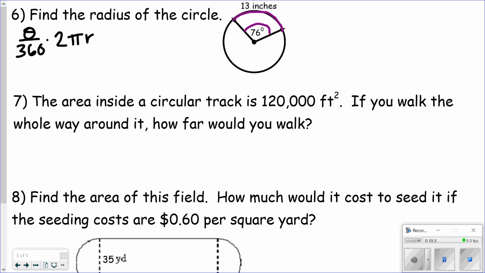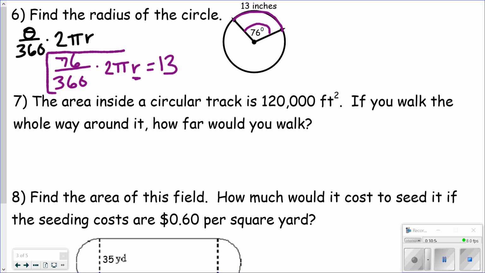So 76 divided by 360 times 2 pi, and we don't know what r is, but what we do know is that our arc length is 13. So we want to get r by itself, and what we do know is that this right here is a number.